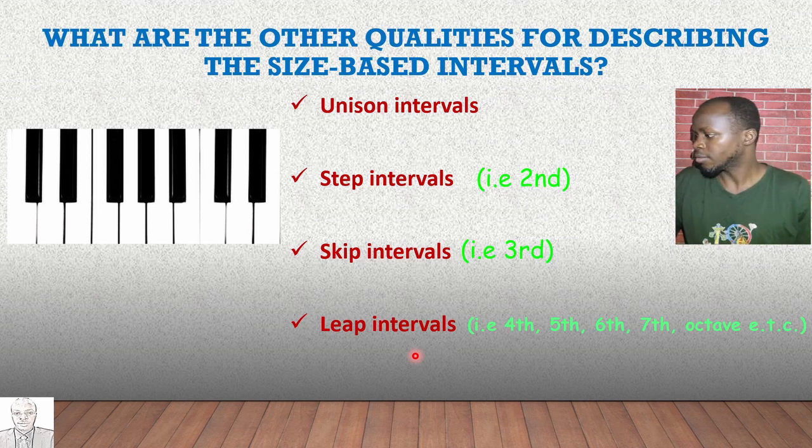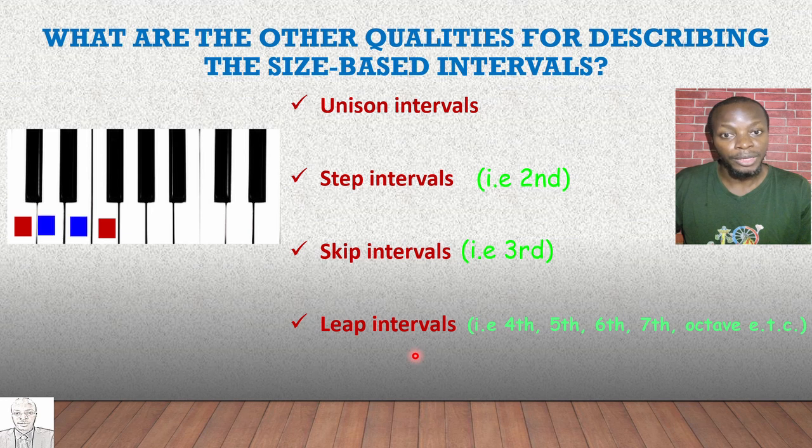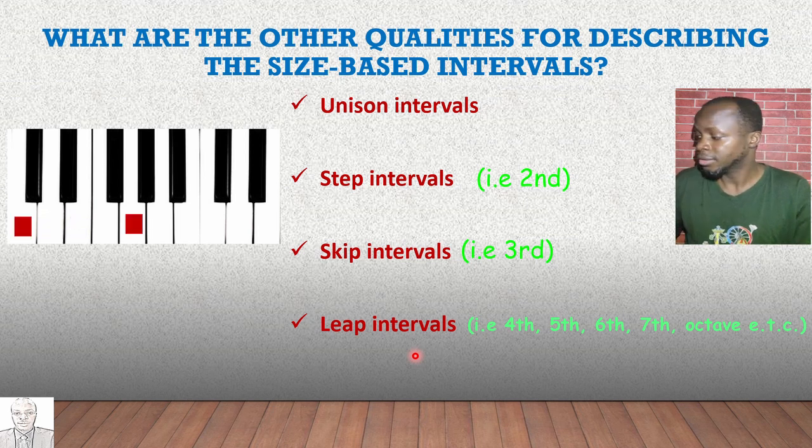So when you have something like do, fa, you're skipping re, mi, right? That is if it is harmonic interval. And it could be as much as a fifth. You're skipping re, mi, fa. So that is a fifth, right?